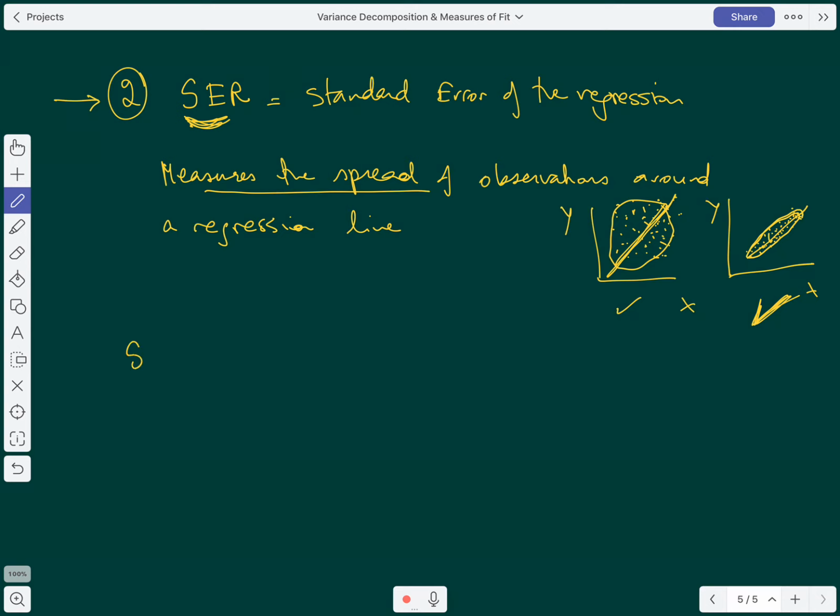How can we measure this spread? It's very similar to the idea of the variance, but it's the variance of the error term. And when I say standard, then I should say it's the square root of the variance of the error term. So the standard error of the regression is equal to the square root of the sum from i equal 1 to n.